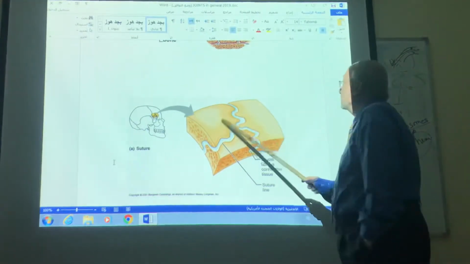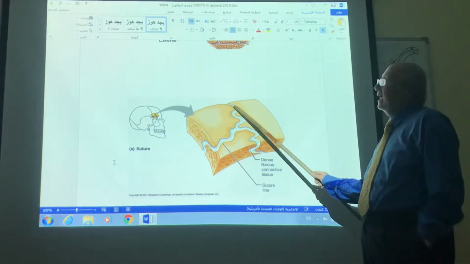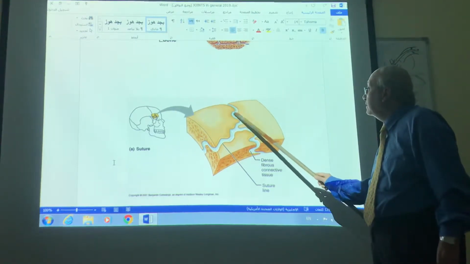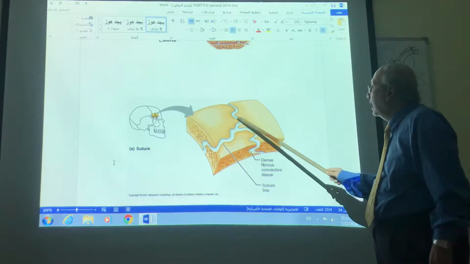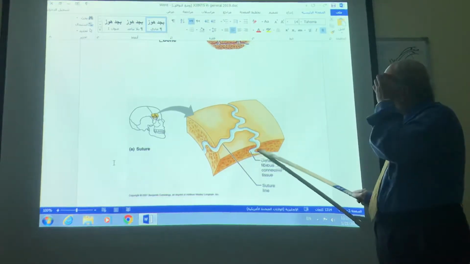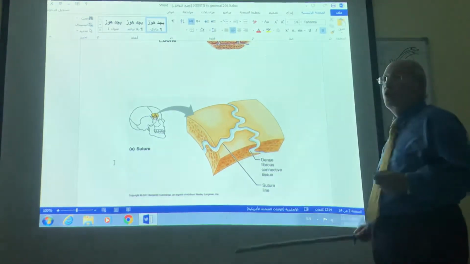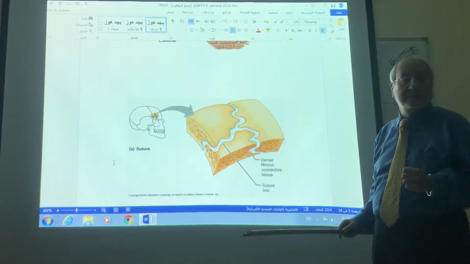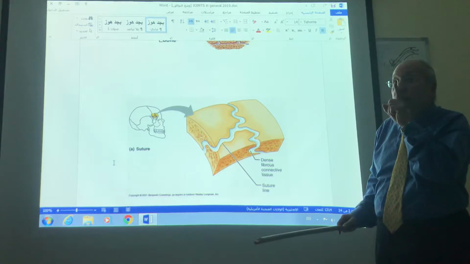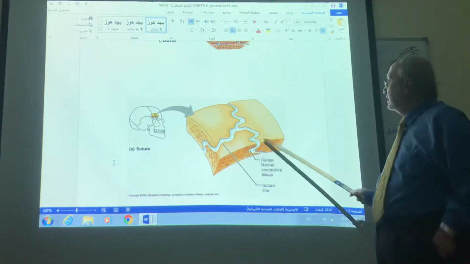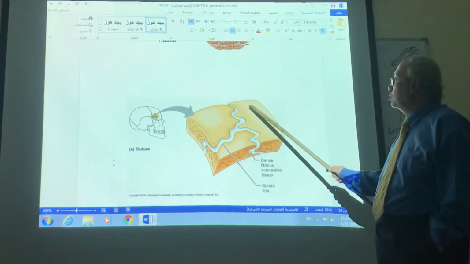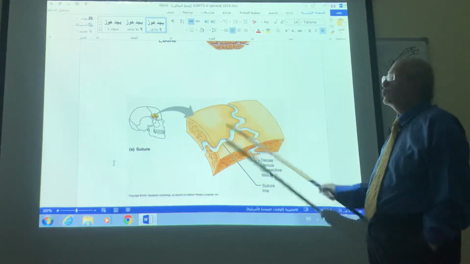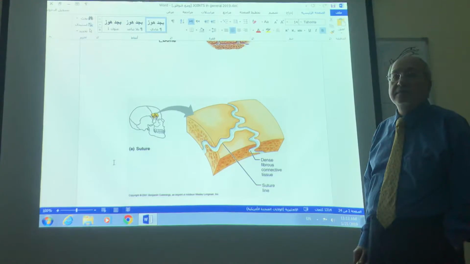The bones of the skull in young age are connected at a suture line by fibrous tissue called sutural ligaments. In young age only, the suture line of the bones are connected by fibrous tissue called sutural ligaments.